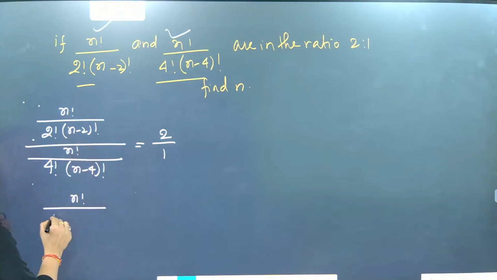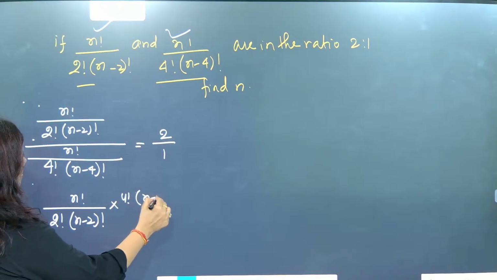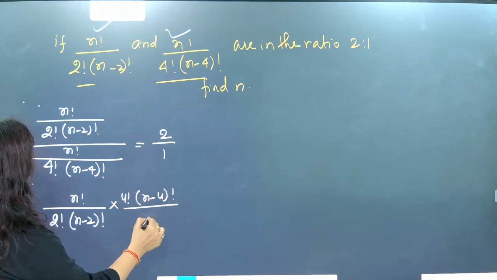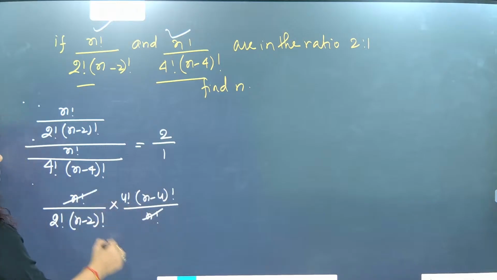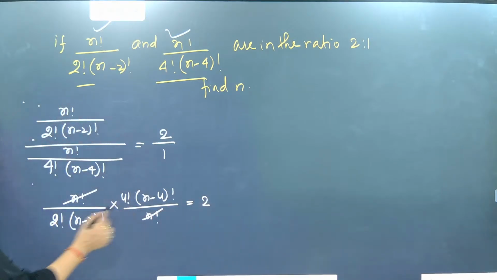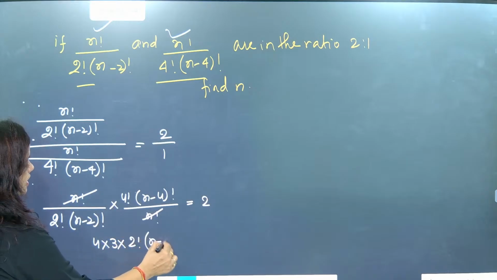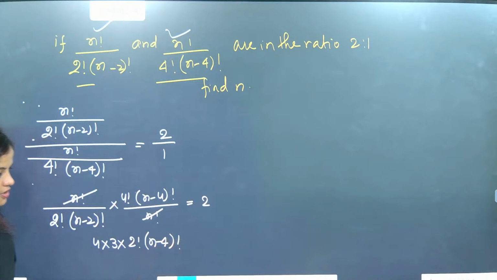So n factorial by 2 factorial n minus 2 factorial into 4 factorial n minus 4 factorial by n factorial. This and this will get cancelled and it will come as 2. So now here 4 factorial will open as 4 into 3 into 2 factorial, and here n minus 4 factorial is there. Got?